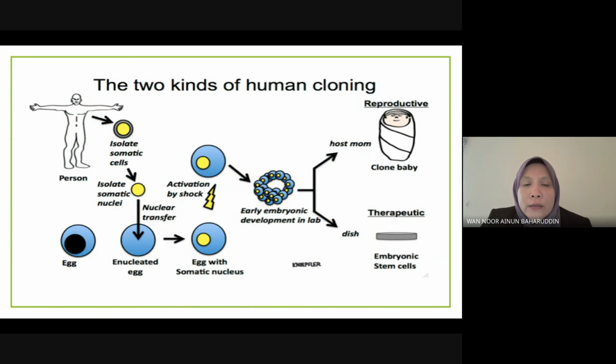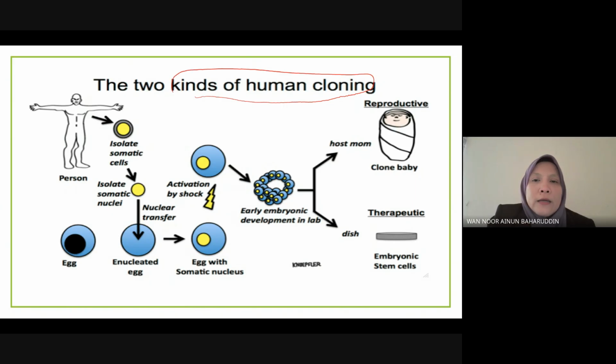This one, the most unethical thing is to try to clone a human. Okay, so this one macam dibincangkan lah. Can we clone a human? Okay, so basically the process is the same. We isolate the cells, and then we try to have another ovum from a female.